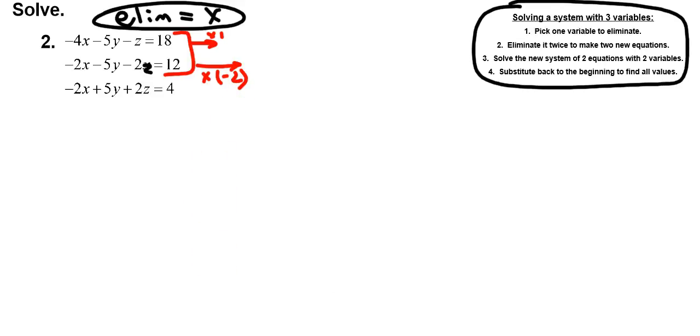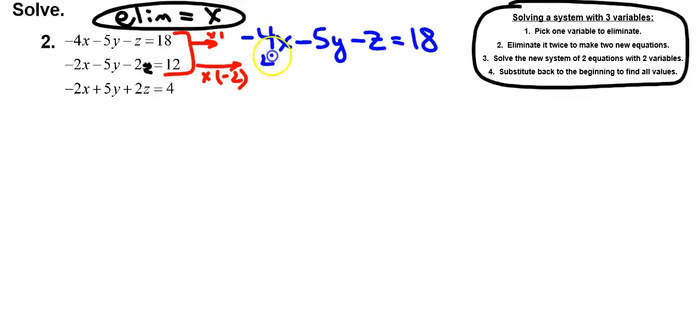Now in doing so, this is going to give me two new equations. The first one will actually be the same. So I'll have -4x minus 5y minus z is equal to 18. And working with the second equation, I'm multiplying everything by -2.